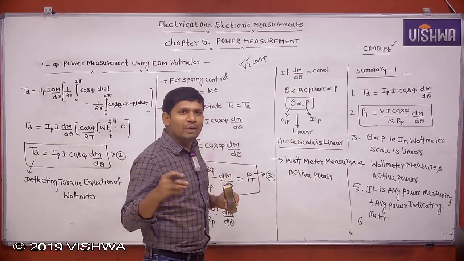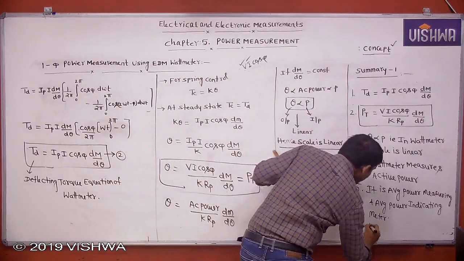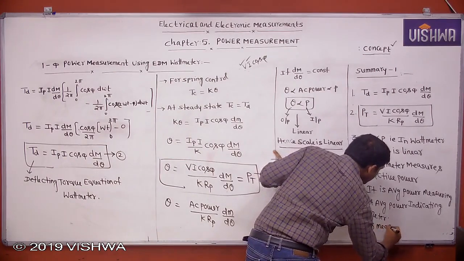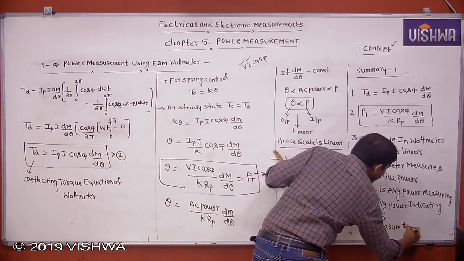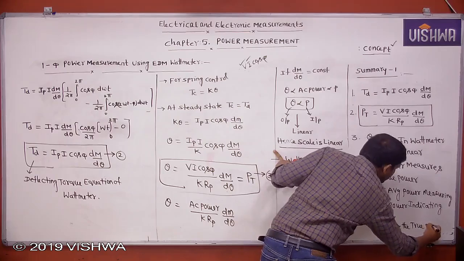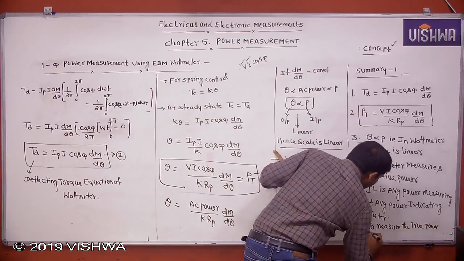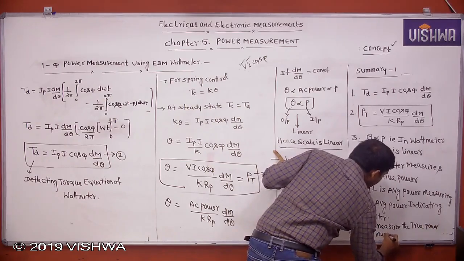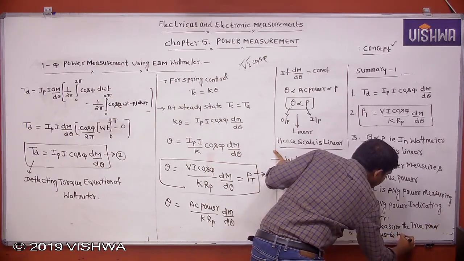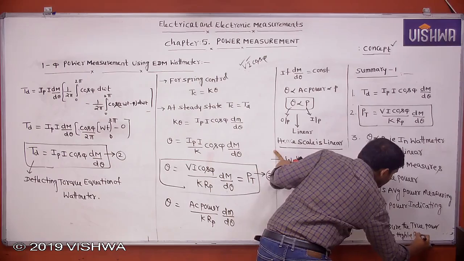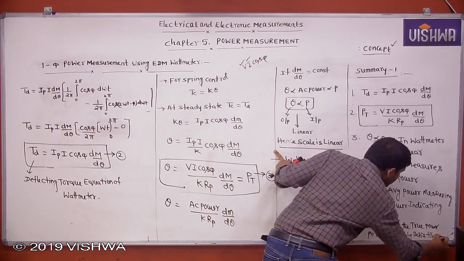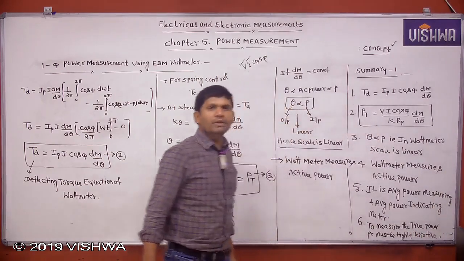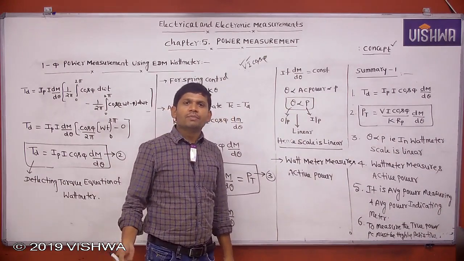That's why, to measure the true power, pressure coil must be highly resistive. Then only we can measure the true power.